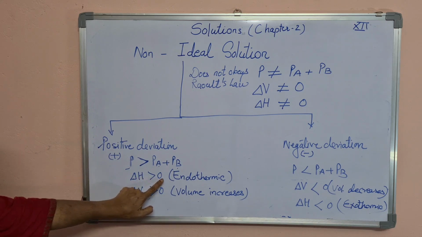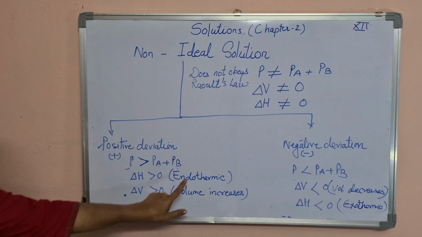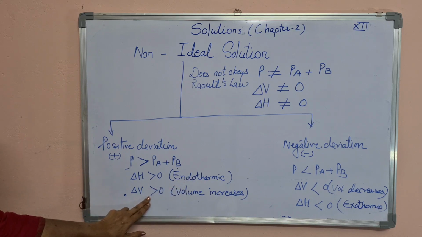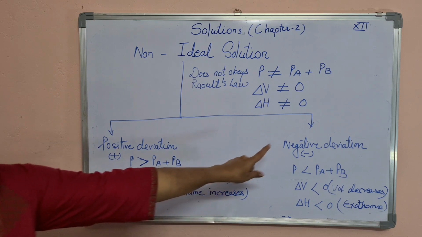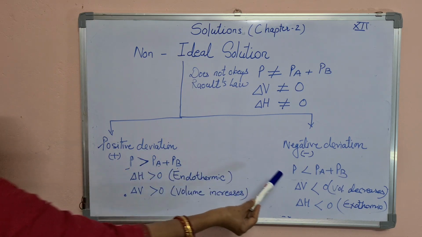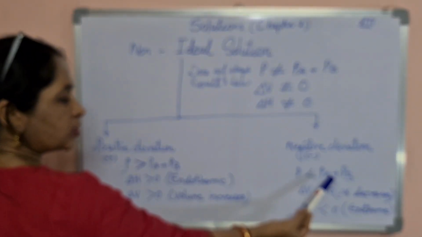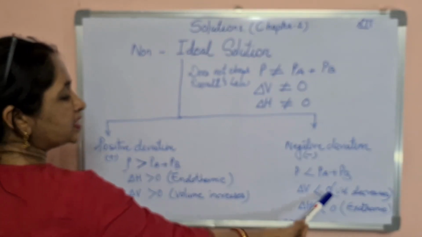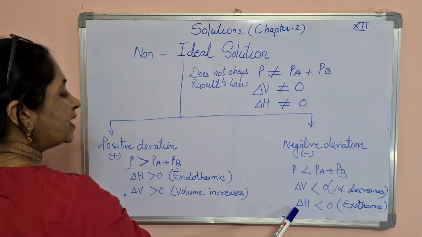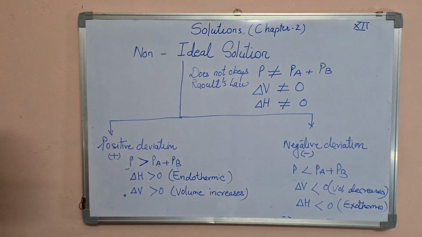Delta H is greater than 0, which means positive, and positive means the reaction is endothermic. Delta V is greater than 0, which means volume increases. Negative deviation means that the vapor pressure of the solution is less than the sum of the partial vapor pressures of solvent and solute. Delta V is less than 0, volume decreases. Delta H is less than 0, it means the reaction is exothermic in nature.